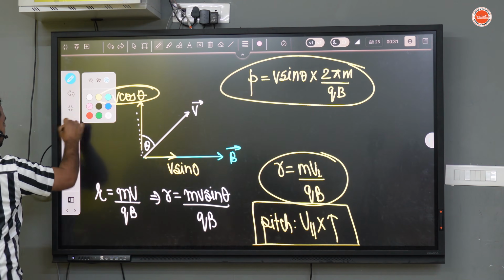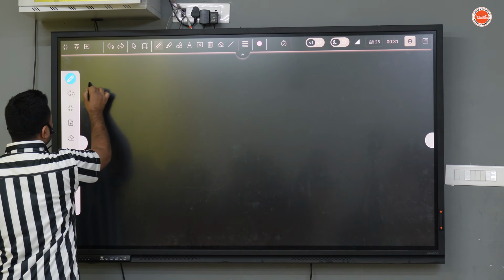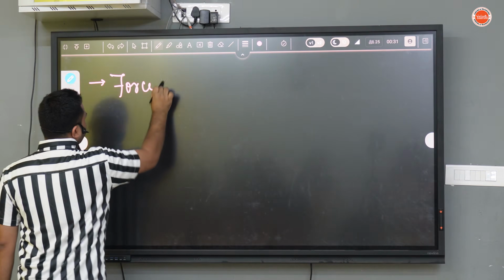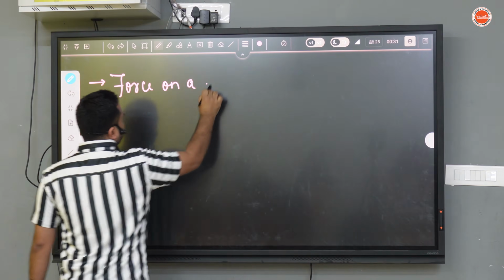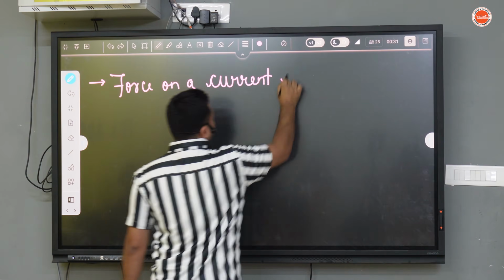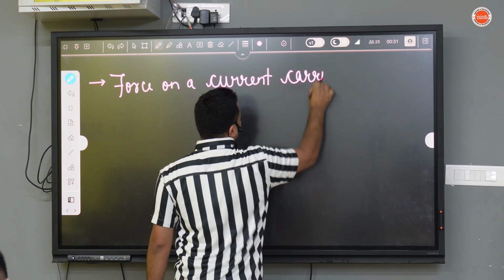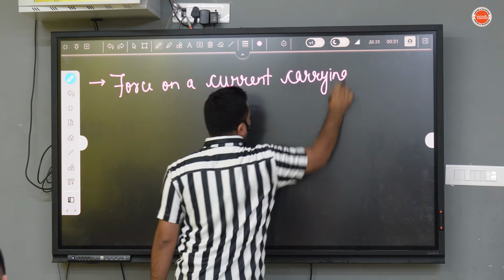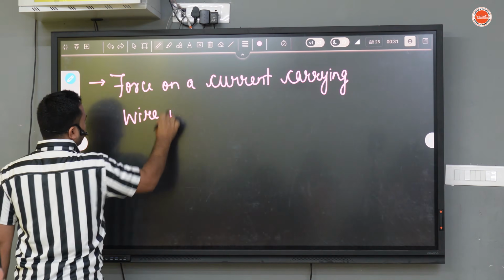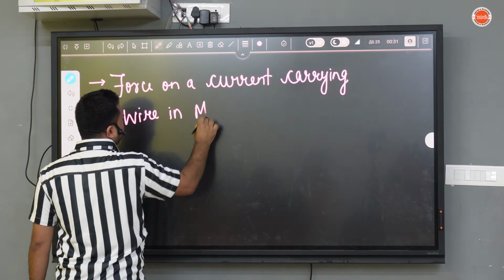Next topic. Force on a current carrying wire in a magnetic field.